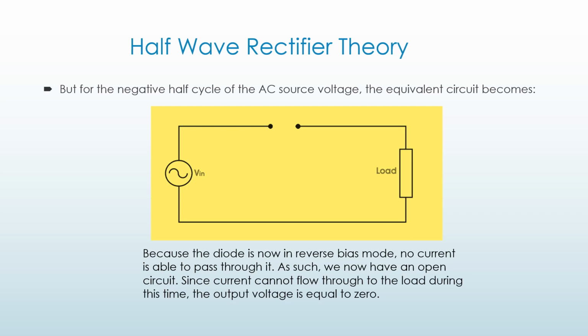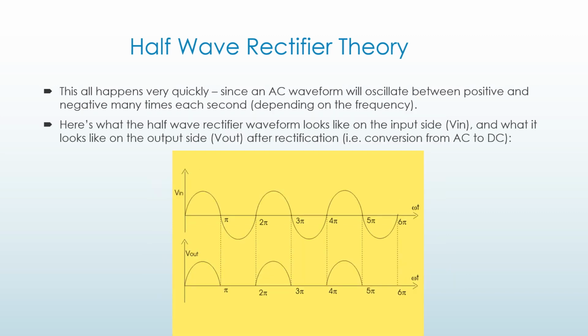Since current cannot flow through to the load during this time, the output voltage is equal to 0. This all happens very quickly, since an AC waveform will oscillate between positive and negative many times each second depending on the frequency.